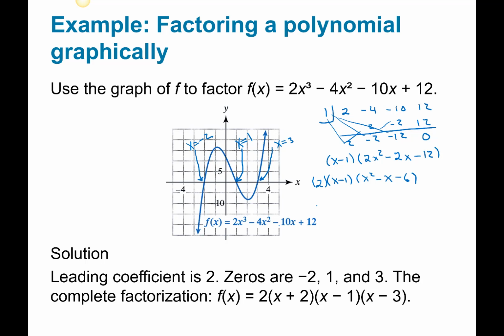Okay, so far? This is going to then give us 2, and we have our x minus 1. Uh-oh, how does this factor? Do you see this becomes an x minus 3 times x plus 2?